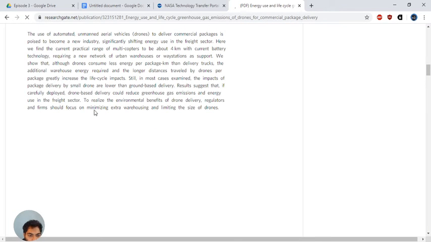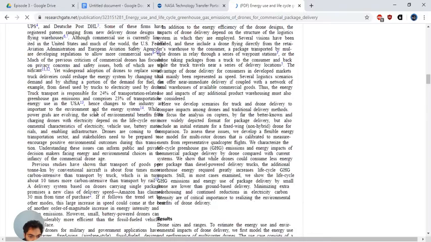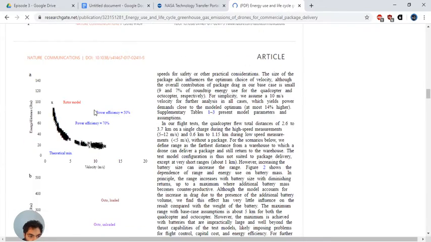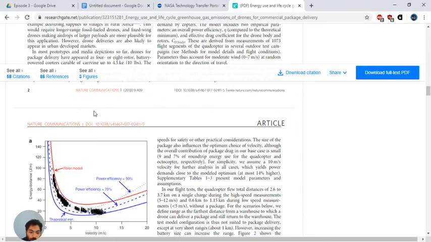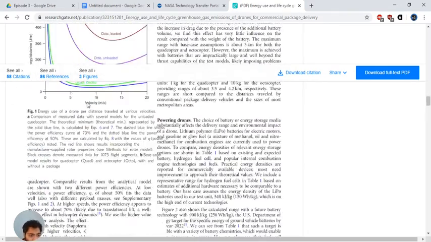One more thing: if you're doing research, you need to use multiple resources, okay?